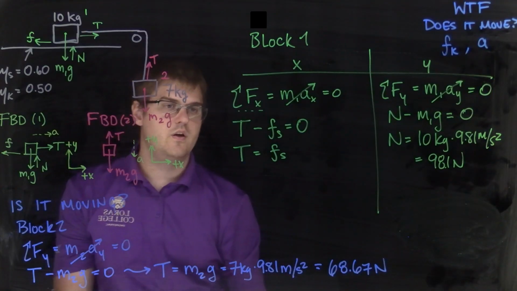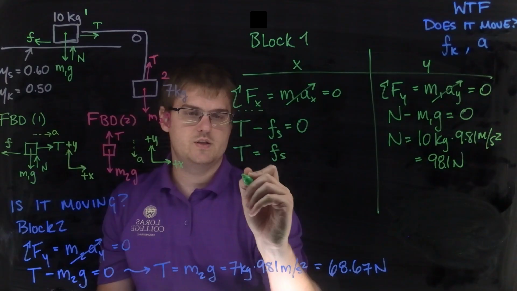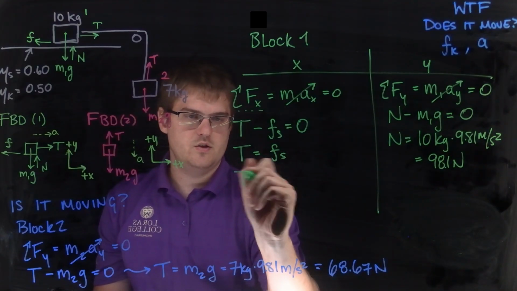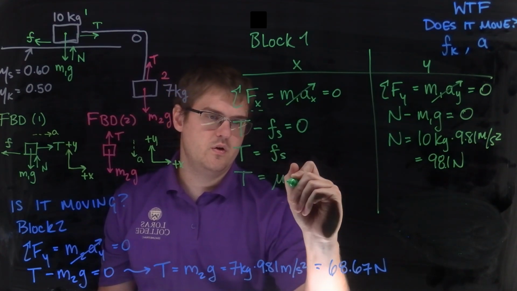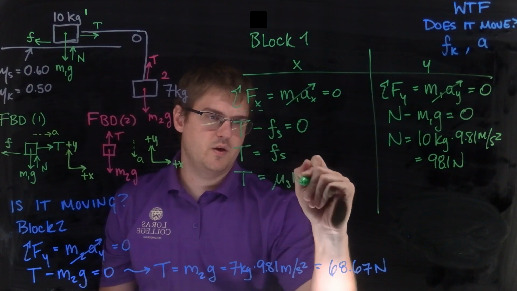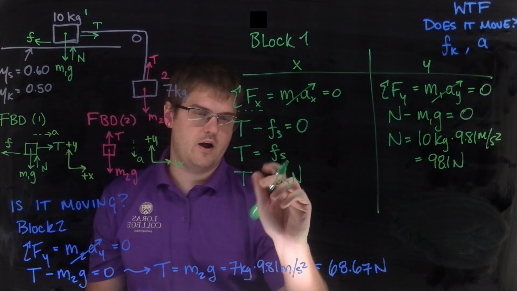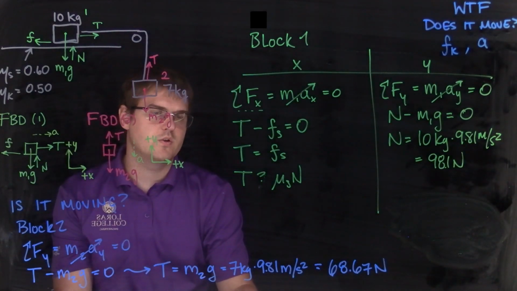Okay, let's solve it. Force of static friction, we just said, is going to be, tension is going to be equal to my mu static times my normal force. And we're trying to answer this question, so I'm going to replace this 0 with a question mark.